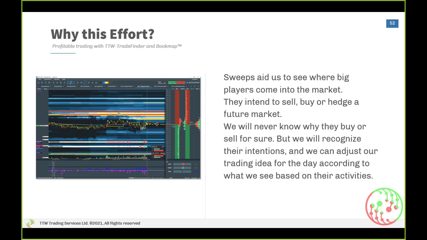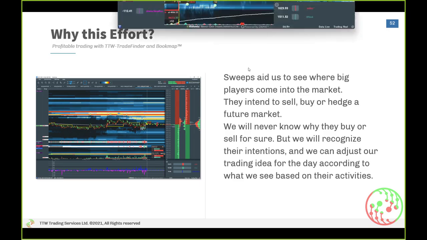So why this effort? Sweeps aid us to see where big players come into the market. They intend to sell, to buy, or to hedge a future market. We will never know why they buy or sell for sure, but we will recognize their intentions, and we can adjust our trading ideas for the day according to what we see based on their activities.